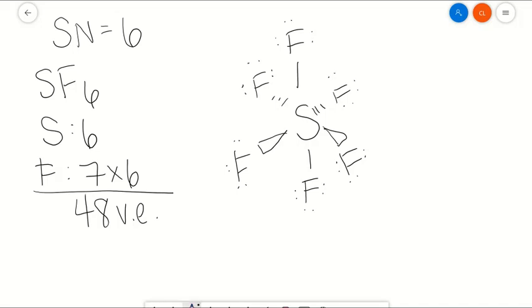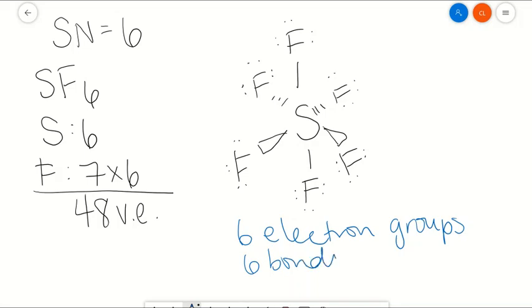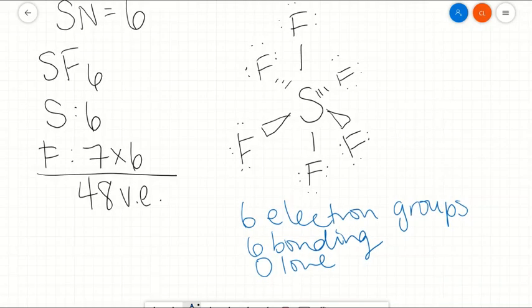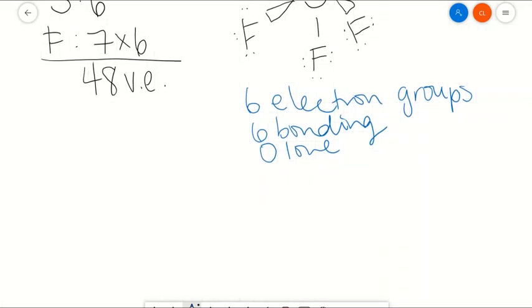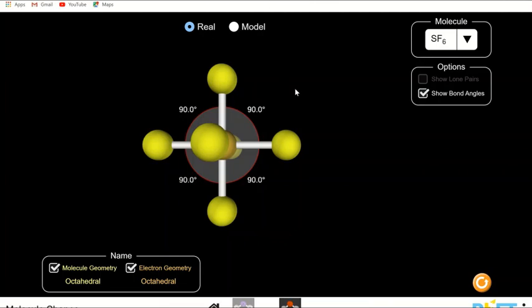Then we count how many electron groups are around the sulfur. We have 6 electron groups. How many of them are bonding? We have 6 bonding and 0 lone pairs.